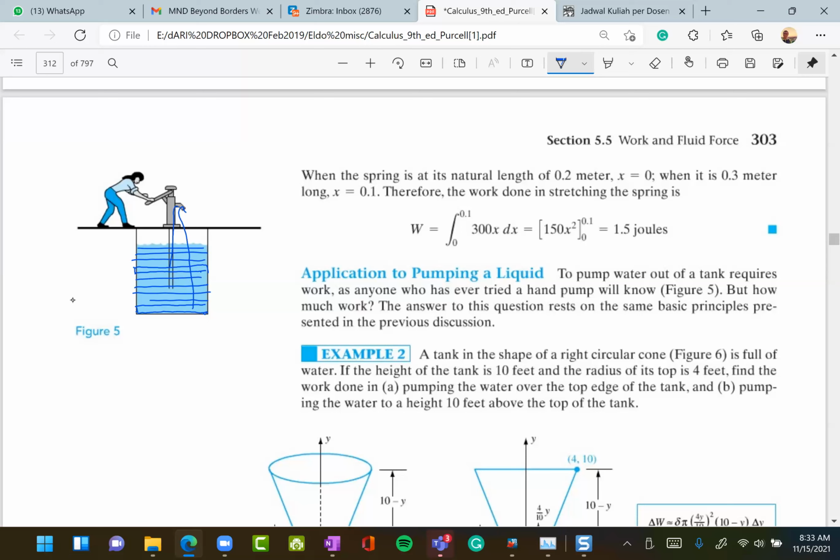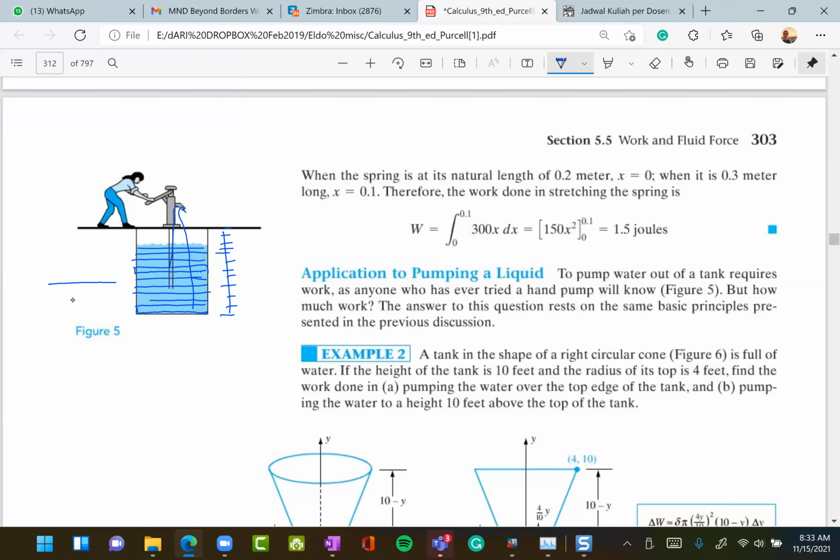Layer by layer means that we are doing a partition. One layer is a sample, and we pump that layer. We compute the gravity force times this distance.